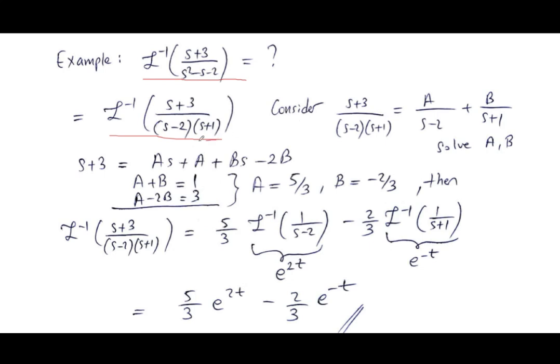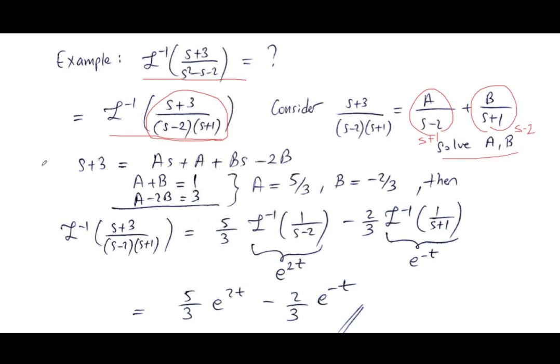If this is my ratio, I can decompose this in terms of two simple fractions like a over s minus 2 plus b over s plus 1. And then it's an equation to solve. We need to multiply this side by s plus 1 and the other side by s minus 2, and then solve for the unknown coefficients a and b.